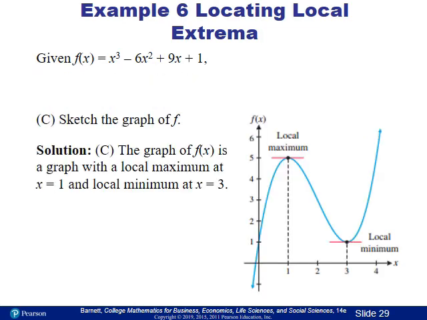So we can now sketch the graph. You can see that function is increasing till 1. Function was increasing till 1 and at x equals 1 we have a tangent, and at x equals 3 we have a tangent.